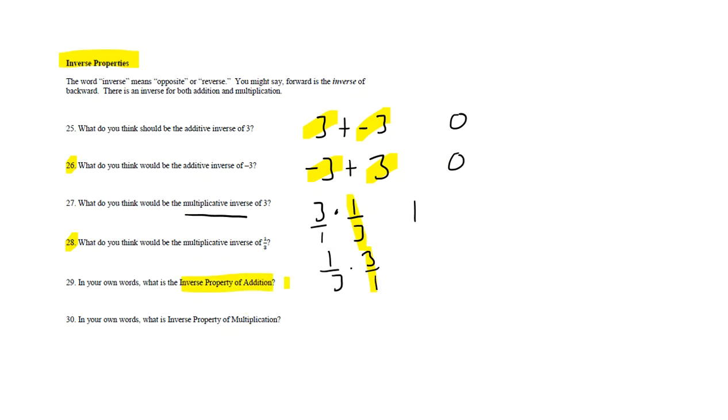So basically, that means what are you going to add to the number you've been given to make the sum of those two numbers 0? And then in your own words, what is the inverse property of multiplication? And that means what are you going to multiply a number by so that your answer would be a 1?